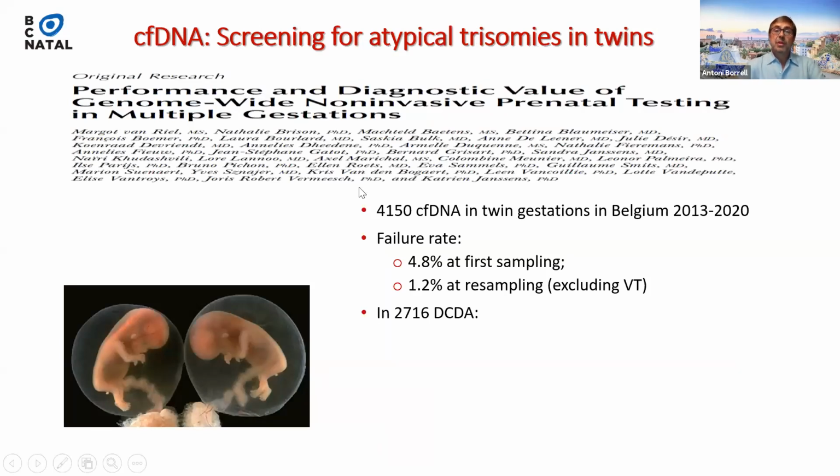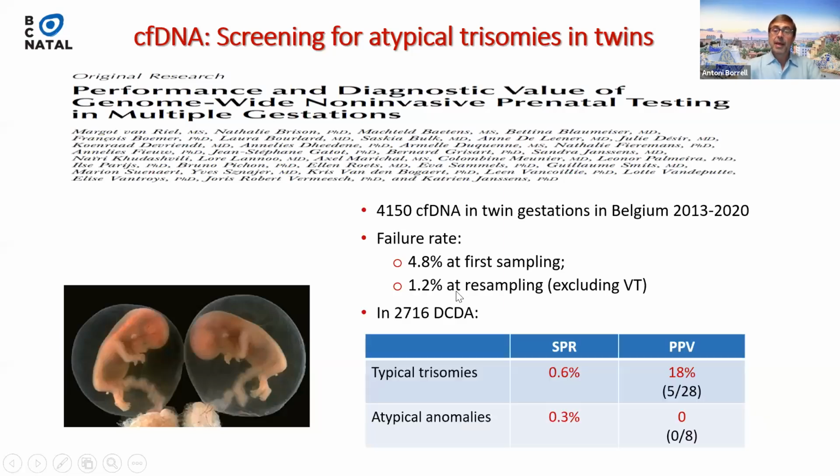This is one of those large studies. This is the Belgium study, including in this study 4,000 twin pregnancies in which cfDNA was studied. This is a population study with full follow-up, and they had a relatively high failure rate, about 5%, but only 1.2% after resampling, and the screen positive rate for typical trisomies was 0.6, a little bit higher.